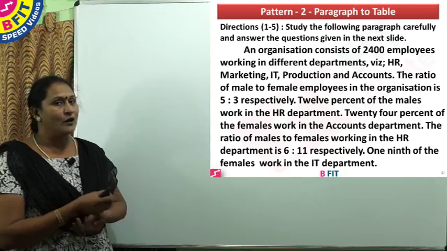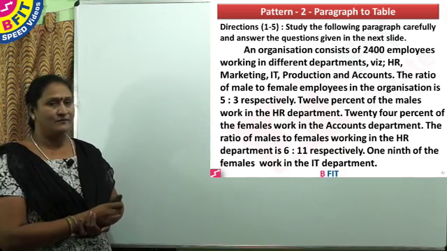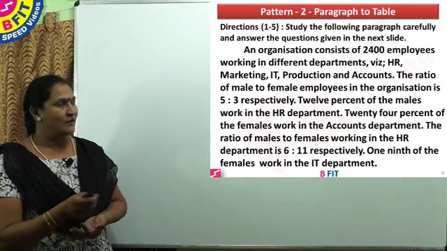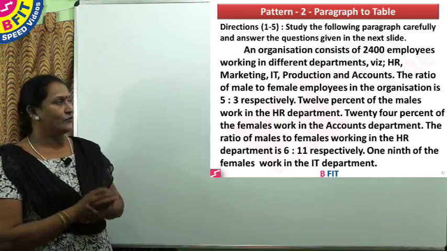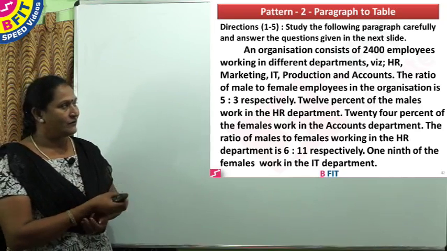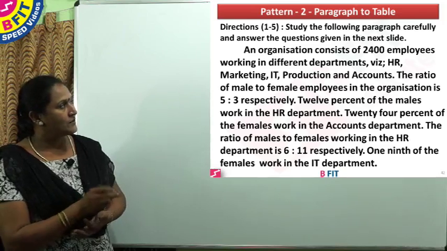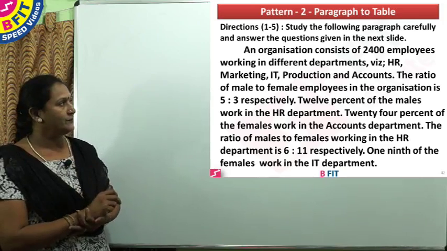Where you can avoid all confusions, make the working clear, and your work will be made easier also. So now we're just going through the data. I'll convert the data for you in a table format, reading one by one. In this question, total employees we have 2,400.